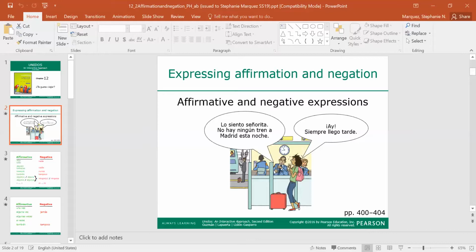So ninguno, and it would have to match whatever it's describing in gender and number. And so it could be ninguno, ninguna, ningunos, ningunas.